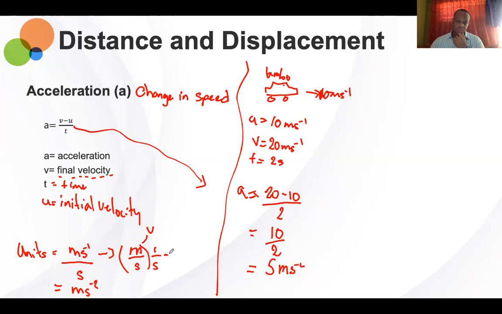So it would be m over s squared, because these two multiply by each other, right? These two, s times s, squared. We're not going too deep in this. You won't need to show it.